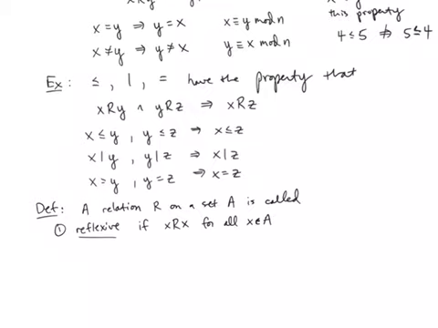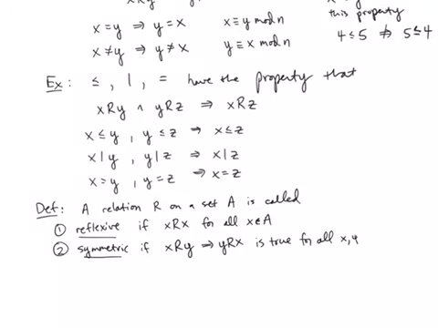You look in the mirror, you see yourself, so that's the X related to X. Two, called symmetric, if X being related to Y implies that Y is related to X. So if this is true for all X, Y in A. And three is called transitive.